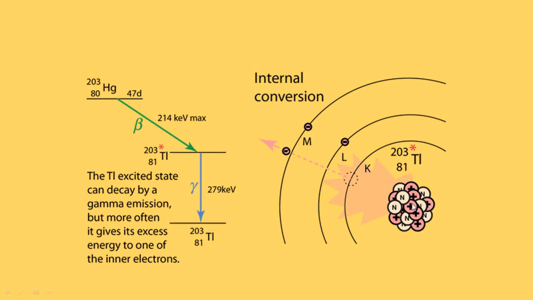That is an internal process and no photon or gamma is emitted from the nucleus. It is like a gamma coming from here to this electron, and by absorbing that, the electron is emitted. Actually, that is the case.